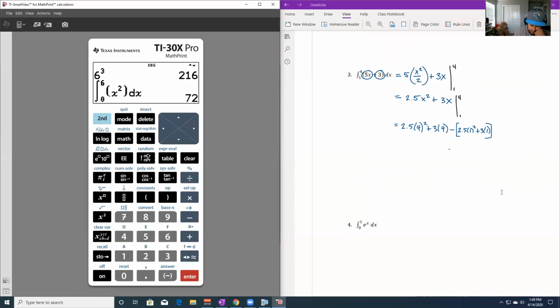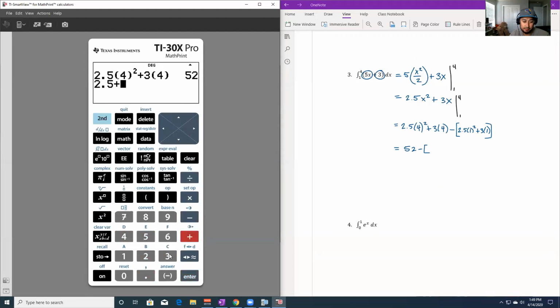All right, now let's simplify. And this is where the calculator comes in handy, right? So for that left side, I have 2.5 times 4 squared plus 3 times 4. So that gives me 52. So this left side is 52 minus, over here on the right side, 2.5 times 1 squared plus 3.